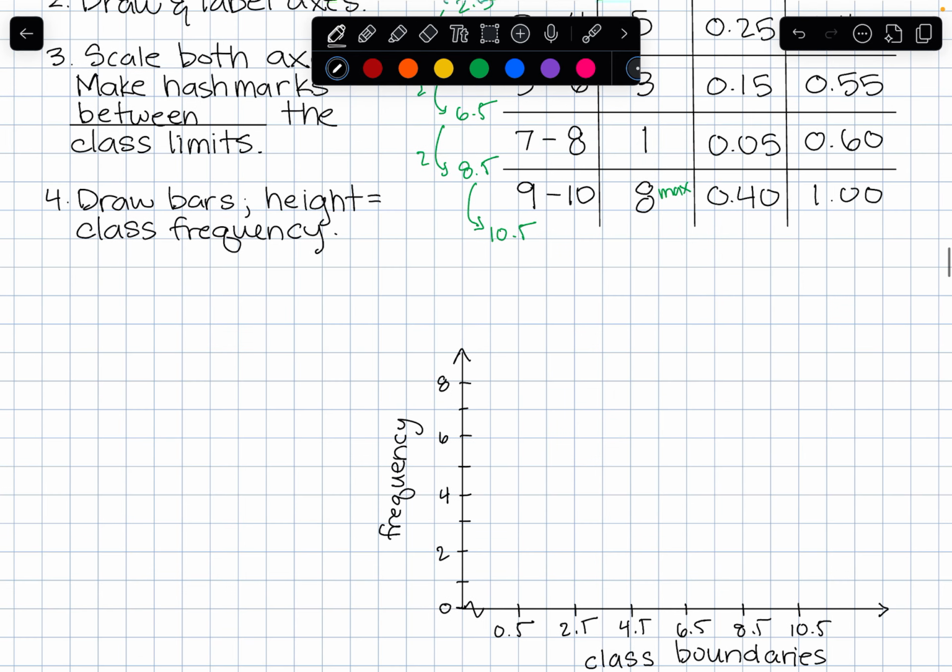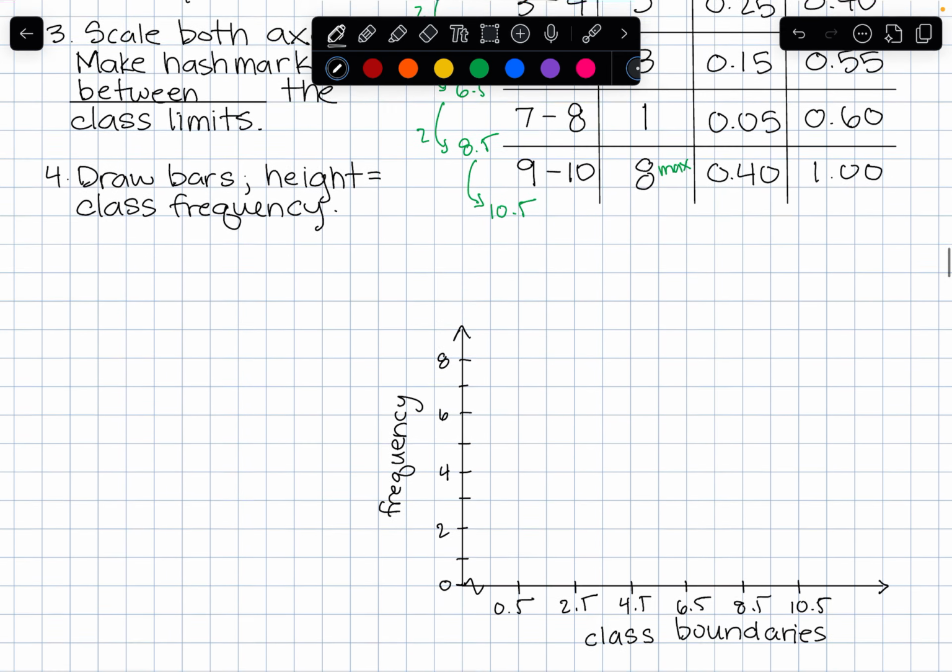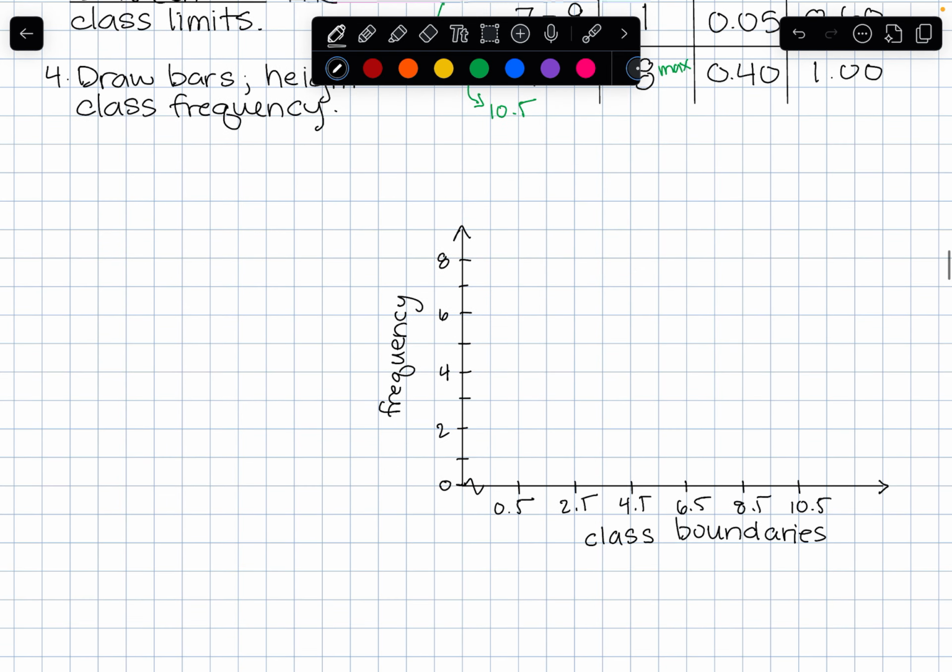Our last step, now that we've done the hard parts, the frequency table and the labeling, is just to draw the bars. And just like with bar charts, height equals frequency. So for my first class, from 1 to 2, I have a frequency of 3. So my first bar is going to go up to 3.